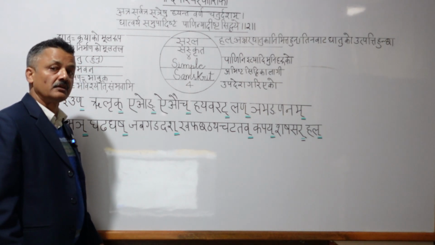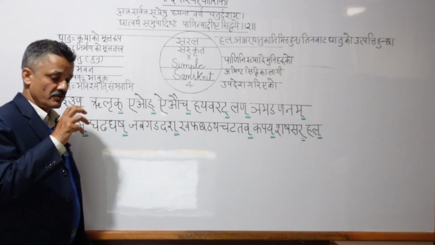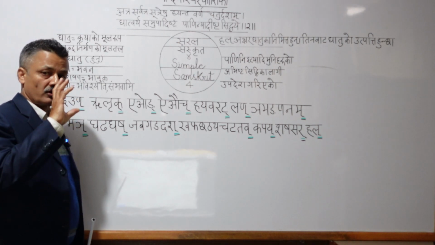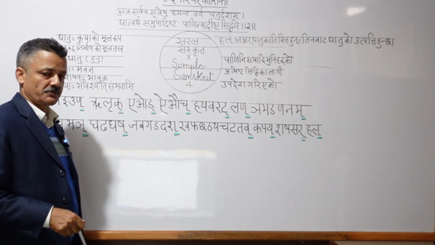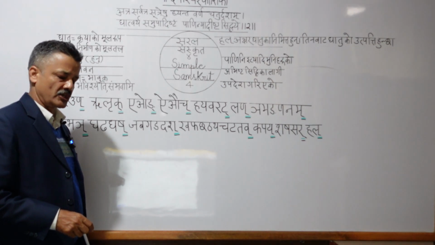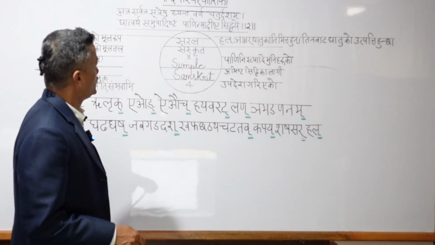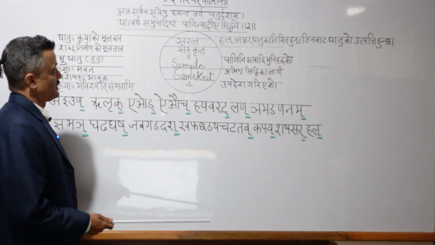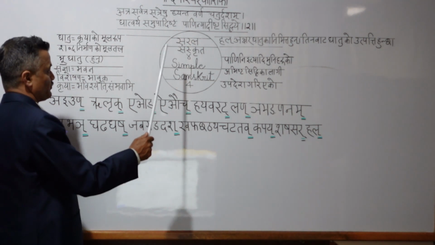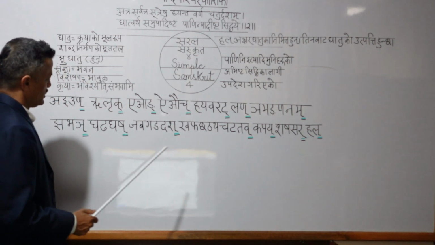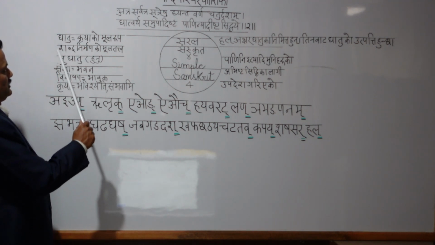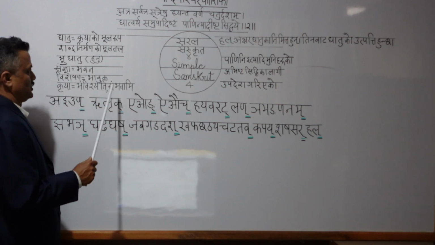which are believed to have emanated from the sound of the tabor-like percussion instrument that Lord Shiva played at the end of his cosmic dance when he appeared in front of the sages Sanandan, etc. So thus I explained to you the second couplet, and I told you that according to this shloka, Nandikeshwar Muni tells that from these 14 aphorisms we get the dhatu, and from the dhatus we get words.